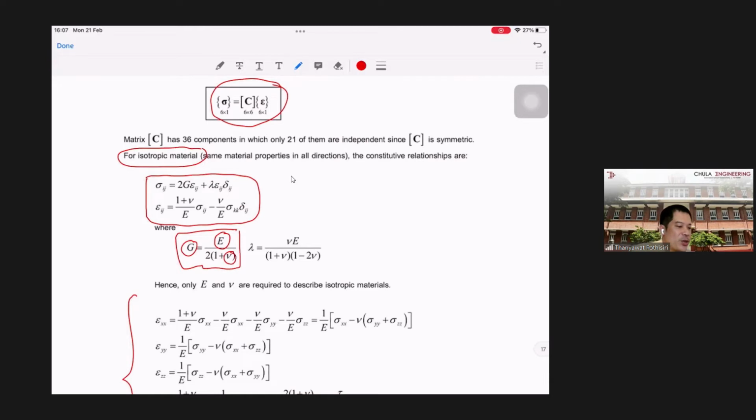The Poisson's ratio is the relationship between the deformation in one dimension with respect to the other dimension. So suppose you are trying to compress your material in one direction, then it tries to expand in the other direction. But this Poisson's ratio would tell you how much it would deform or expand in the other direction.